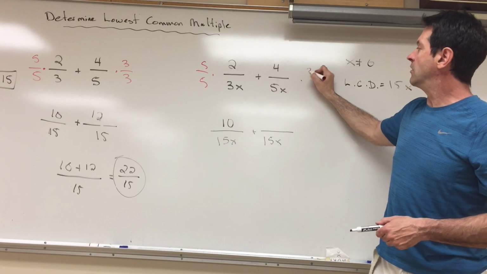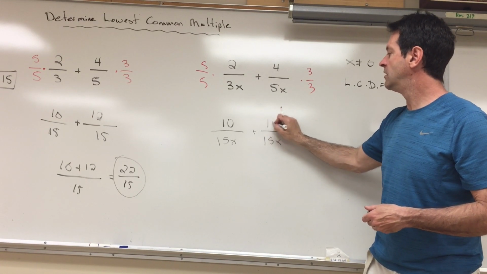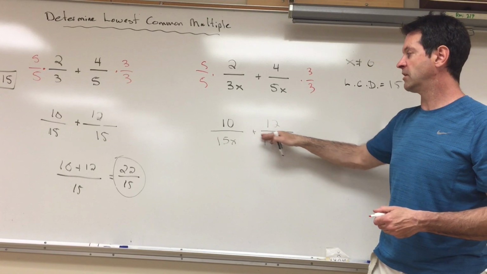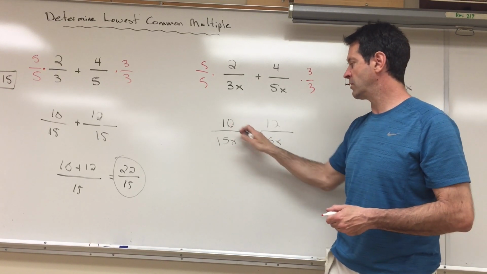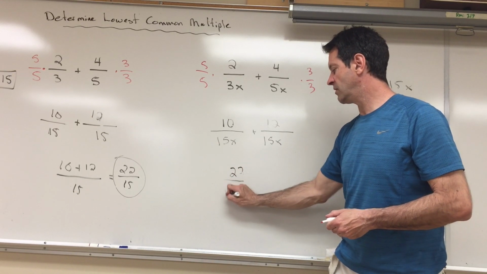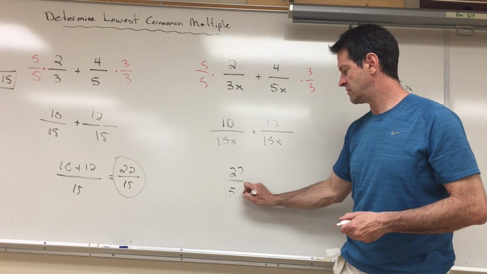It's like we did over there, 3 over 3. We have 12 over 15x plus 10 over 15x. Add the two numerators together, we end up with 22 over 15x.